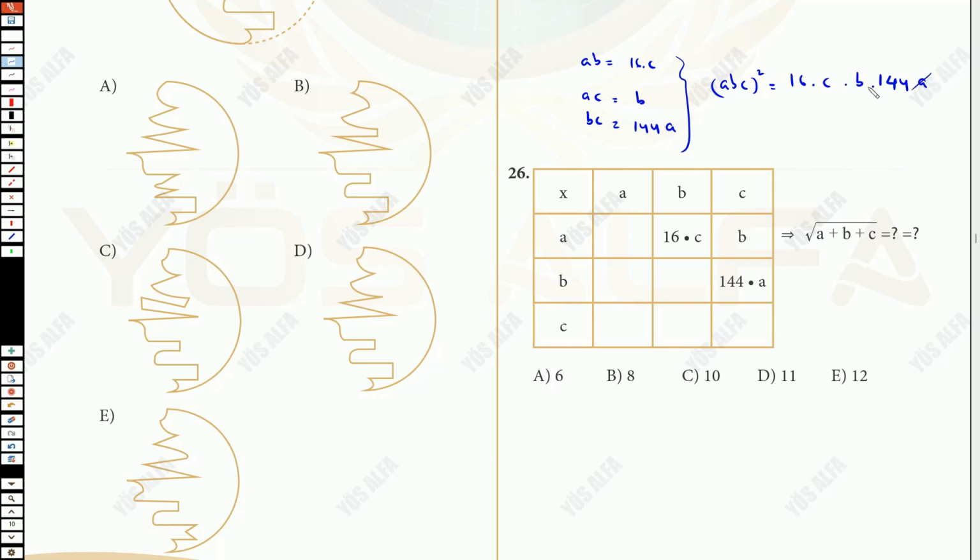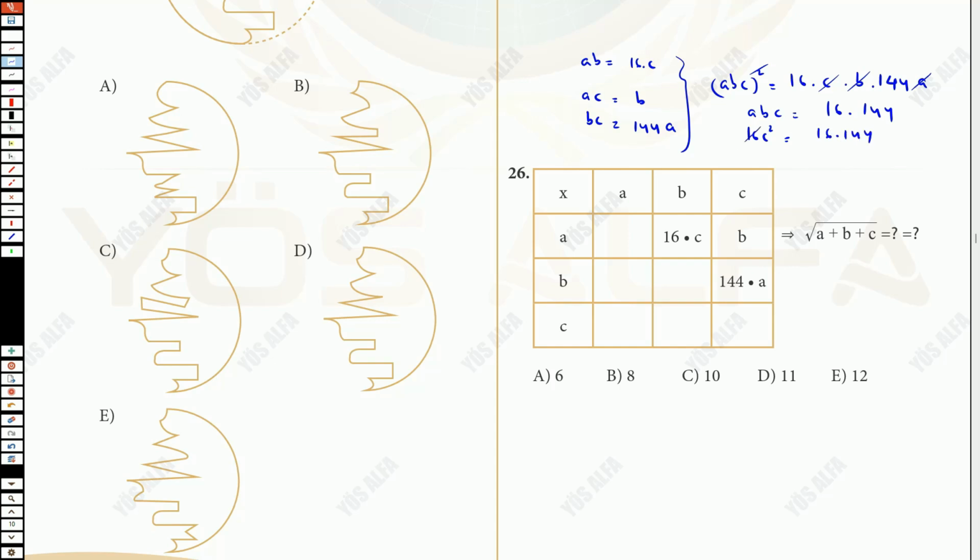So we have 1 A, B, and C here, so it's going to cancel out with one of the ABCs on the left-hand side of the equation, and we're left with ABC is equal to 16 times 144. So plugging in AB is equal to 16C into this expression, we have 16C squared is equal to 16 times 144.